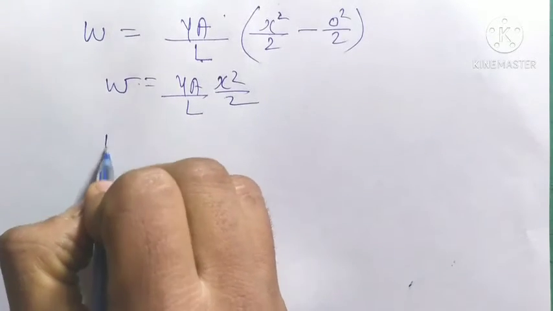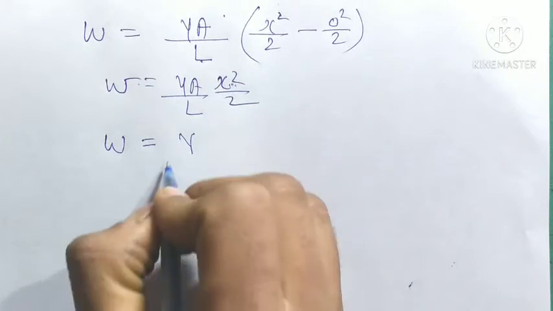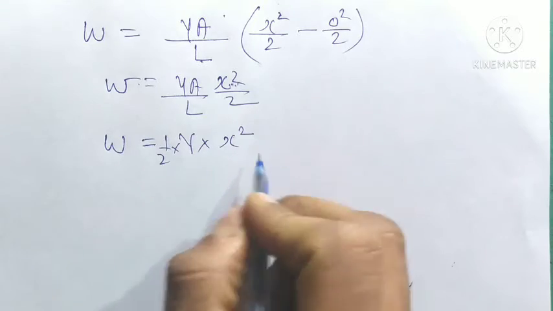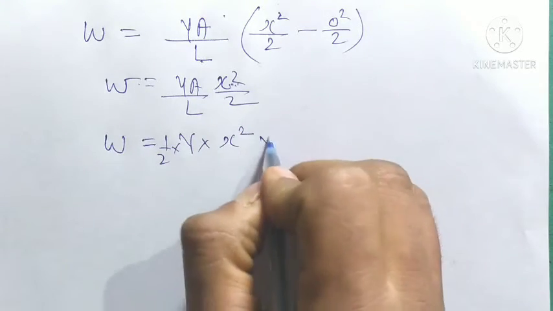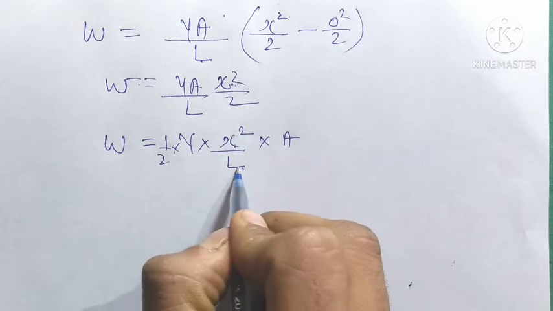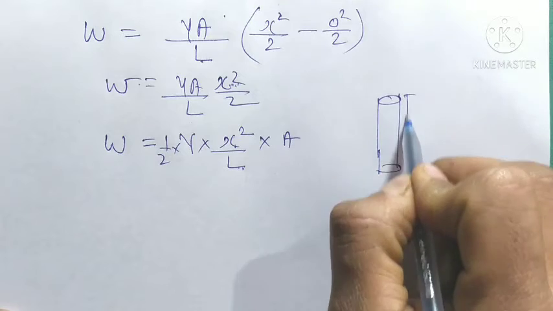So work done is equal to half Young modulus x square A upon L, where x is the change in length and L is the original length.